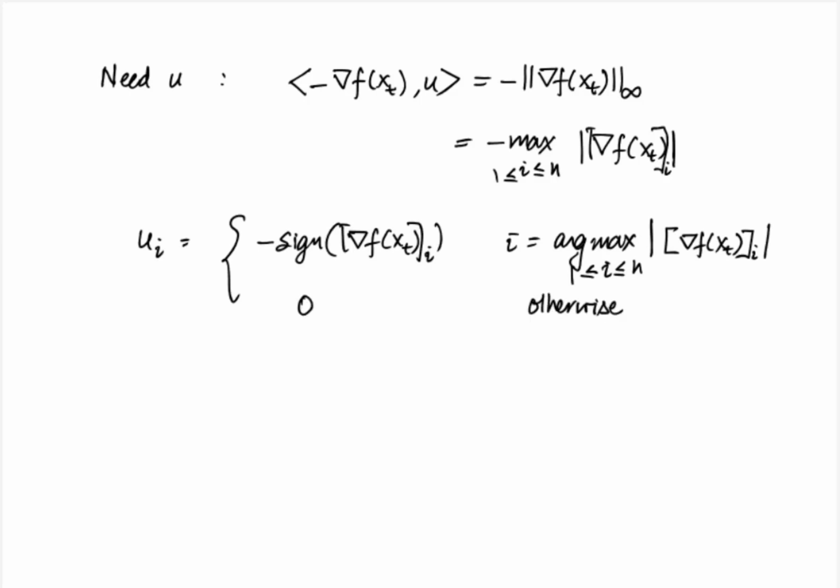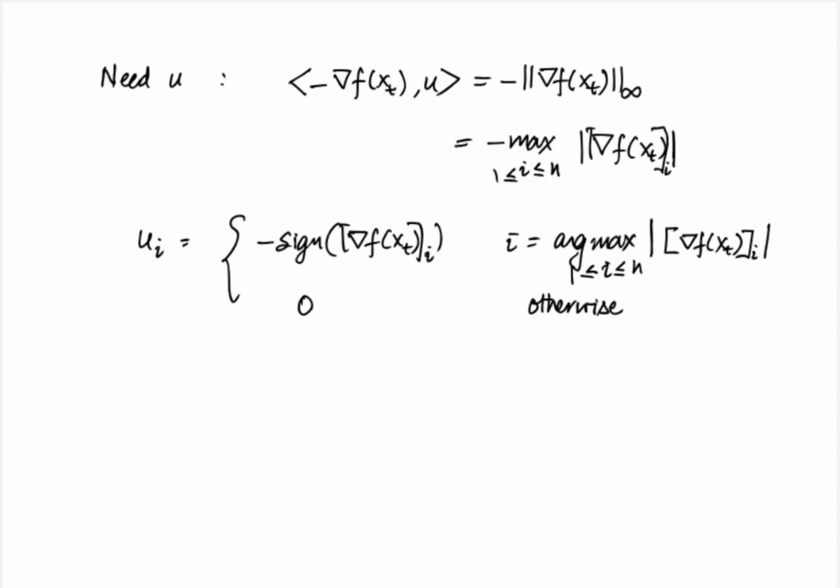For instance, if the entry of gradient f of x_t which has the largest magnitude is positive, then I'm multiplying that entry with minus 1 so as to get minus infinity norm of gradient f of x_t on the left, and likewise if it is negative, we are multiplying it with plus 1.